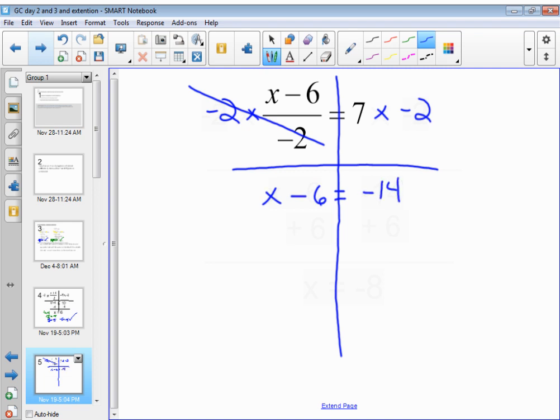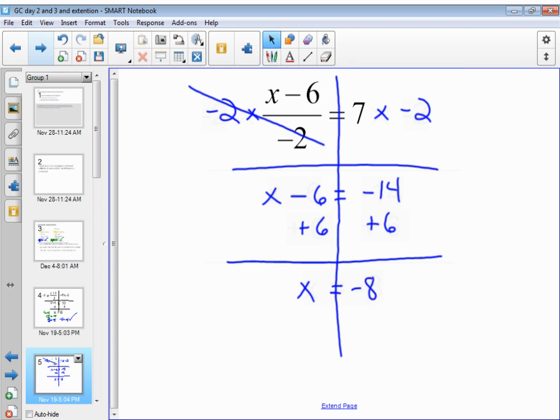We're going to use our inverse operations. Instead of subtracting 6, we're going to add 6 to both sides. This gives us a final answer of x is equal to negative 8. Your last step is to substitute your answer back into our original problem. So in this case, we end up with negative 8 minus 6 divided by negative 2 is equal to 7.